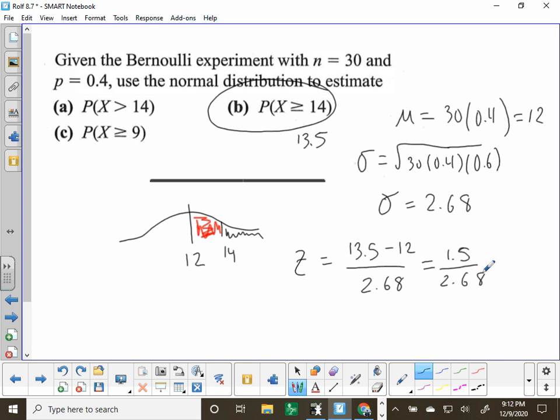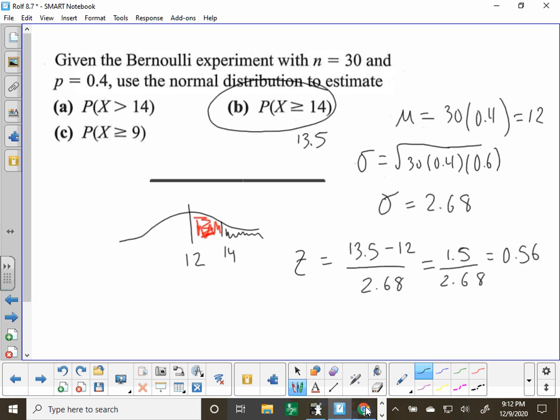So now I'm going to divide that on the calculator. 1.5 divided by 2.68 is 0.56. So I need to look that up on the table.